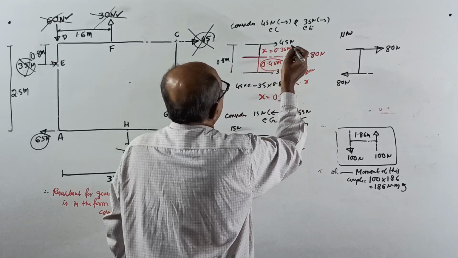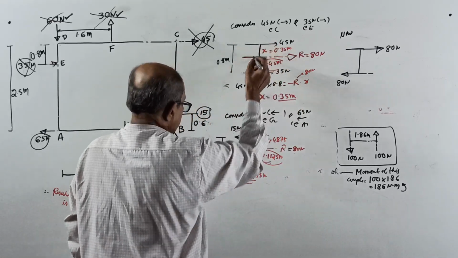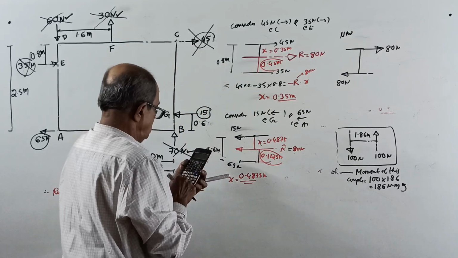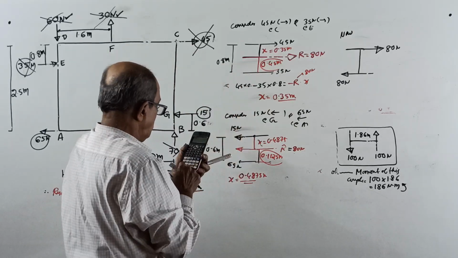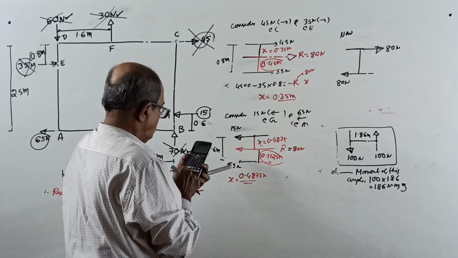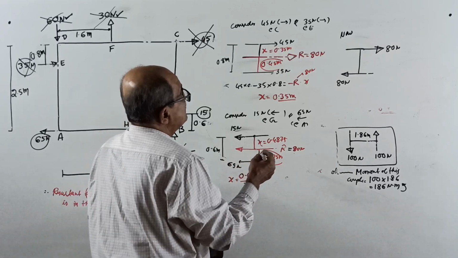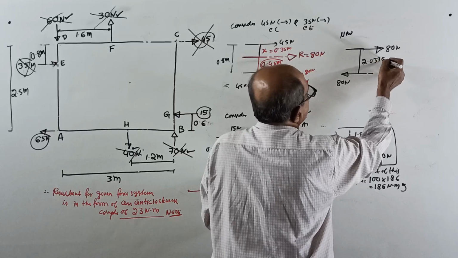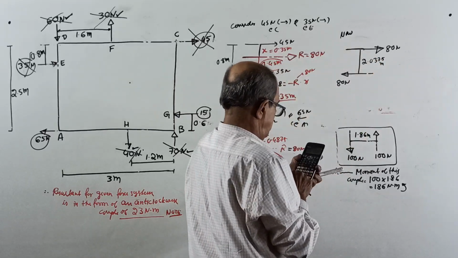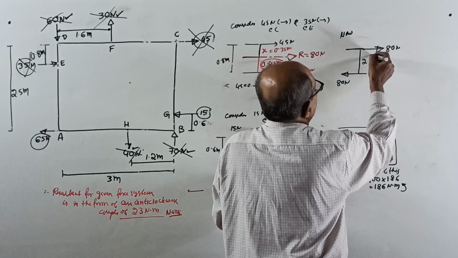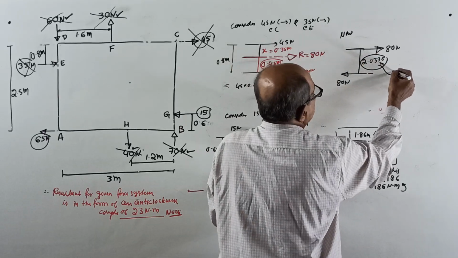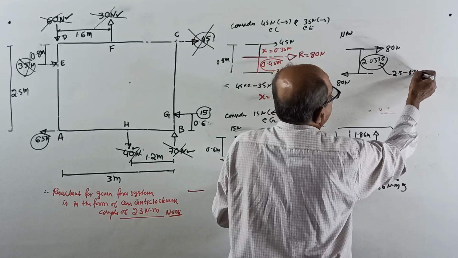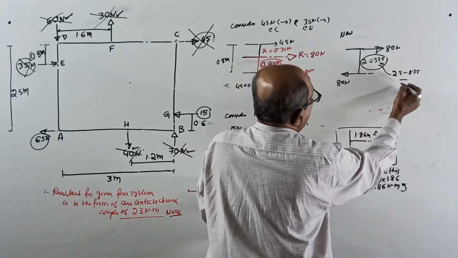How? See, from here 0.35, from here 0.1125. So from 2.5 minus 0.35 minus 0.1125 is 2.0375 meter. How to calculate? 2.5 minus 0.35, already calculated, minus 0.1125.